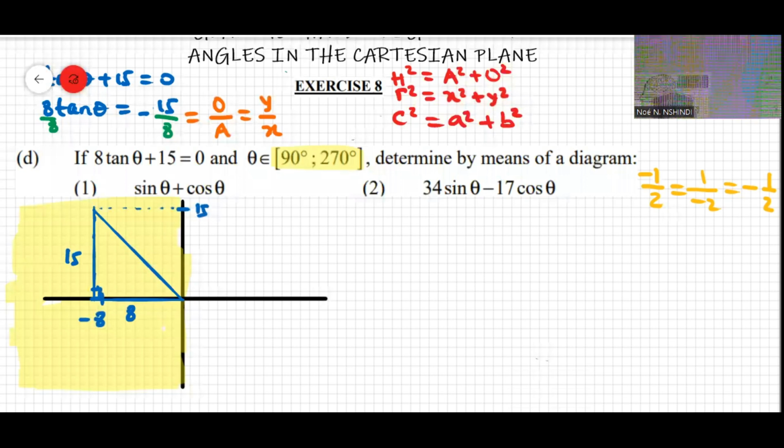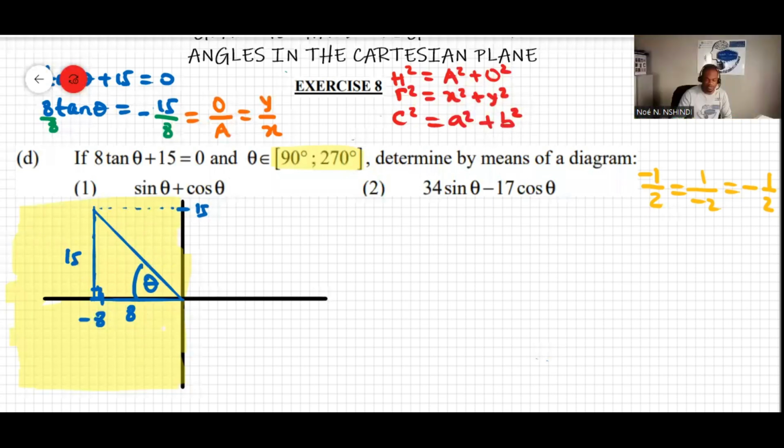Now I have 15, the opposite side, the angle is over here, and then I have the adjacent side. I just need the missing side, the hypotenuse. I'm going to use the Pythagorean formula, where I substitute 15 squared plus 8 squared.